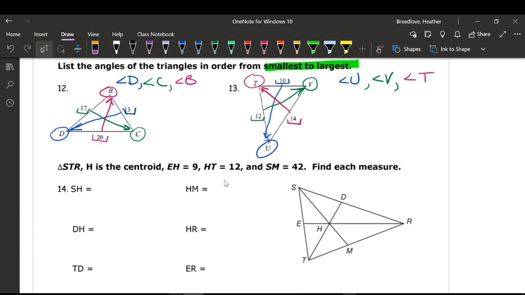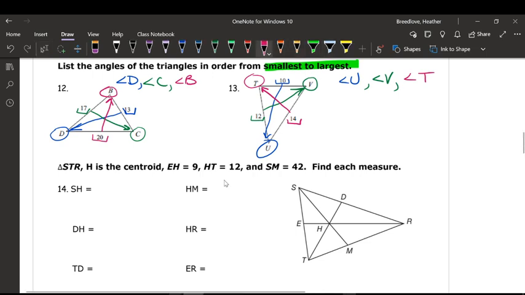All right, so the next part gives us triangle STR, and H is the centroid. And then it gives me a length for EH, a length for HT, and a length for SM, and tells me to find each measure.